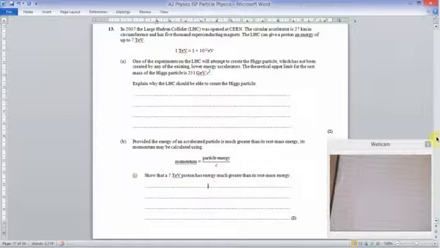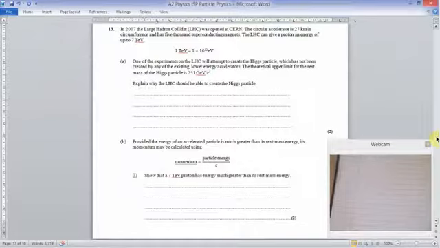So 7 teraelectron volts is much greater than 251 gigaelectron volts, and therefore the LHC should be able to create the particle, because the energy of the proton, this 7 teraelectron volts, is greater than the energy required to make a Higgs. So the energy of that proton is converted to mass, and there's more than enough energy to make one Higgs.